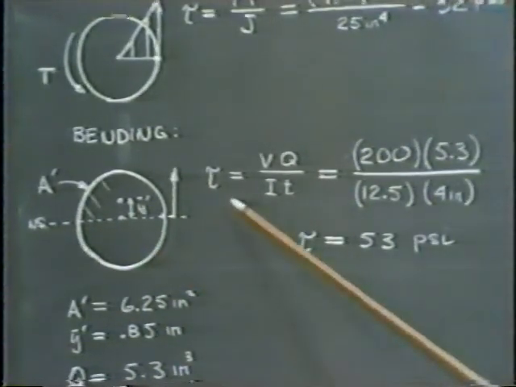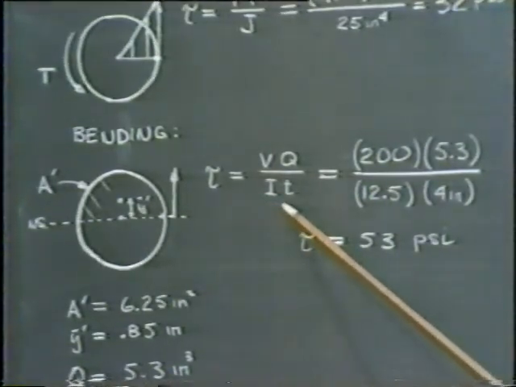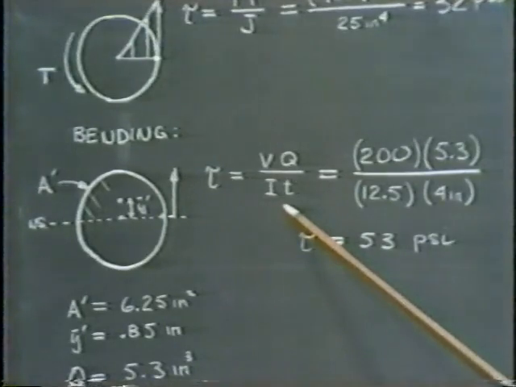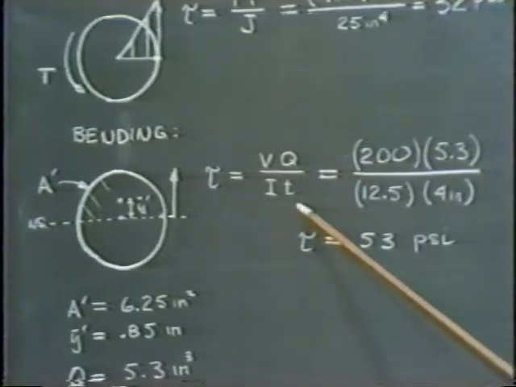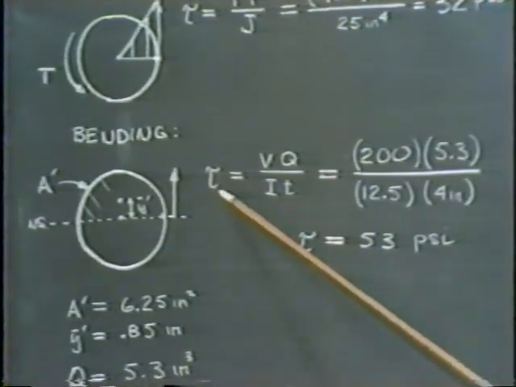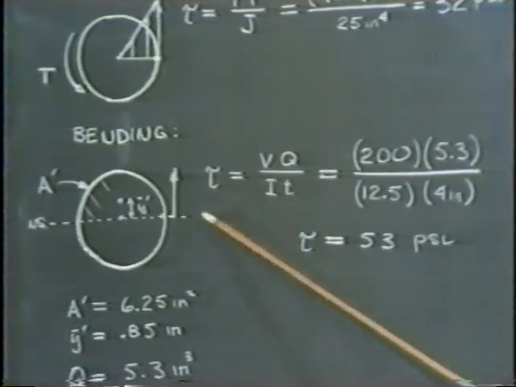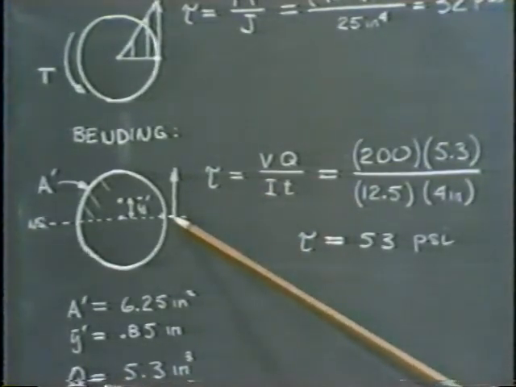And I know that the shear stress here is equal to the internal applied shear force V times a quantity we've called Q divided by I and the thickness of our beam at the point at which we want to find the stress. We are interested in the maximum shear stress. Due to bending, I know through my experience that it will occur at the neutral surface.